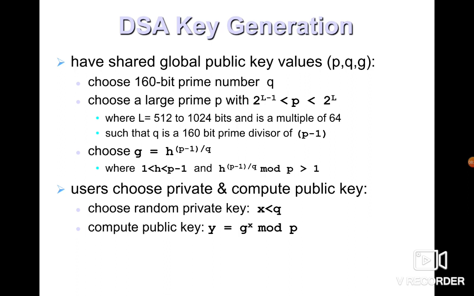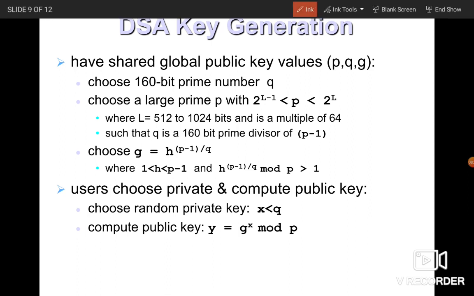Now we move on to digital signature algorithm key generation. So to generate the key, we need several public key values P, Q, G. Where P is the large prime number and Q is also a prime number, but it is a prime divisor of P minus 1. That is Q divides P minus 1.